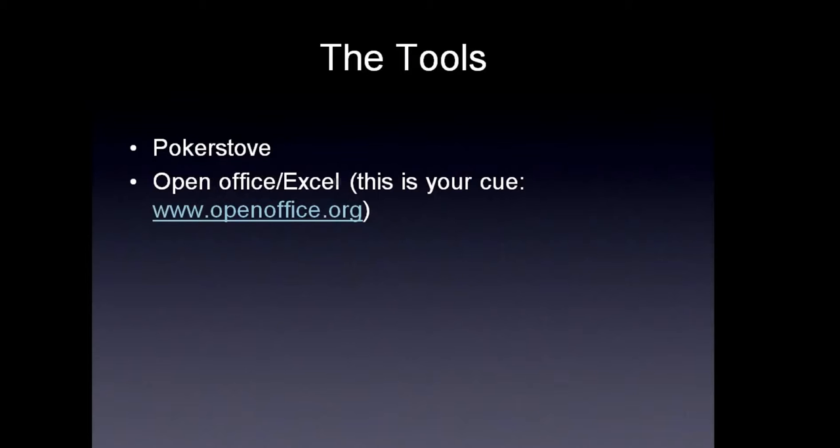So OpenOffice is free, and we're going to be using it for this series. Just about anything you need to do regarding poker math, you can do in OpenOffice. So please download this. The whole point of this series is going to be interactive. I want you to be able to do what I'm doing, so when this series is over, you can do anything that I can do.